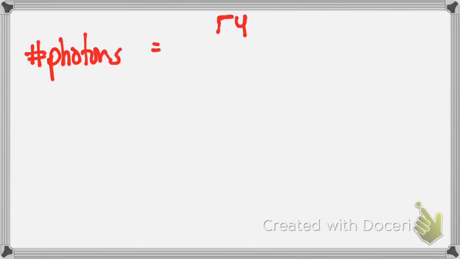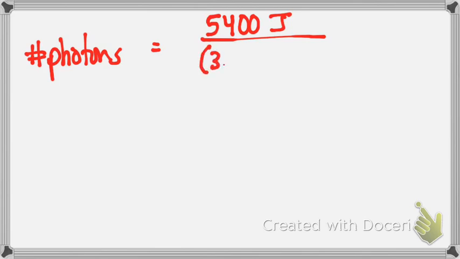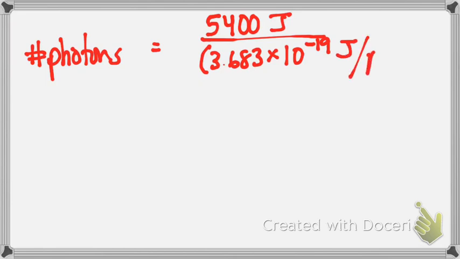So putting this all together, the number of photons is equal to 5,400 joules divided by, remember, put parentheses, 3.683 times 10 to the minus 19 joules per photon.